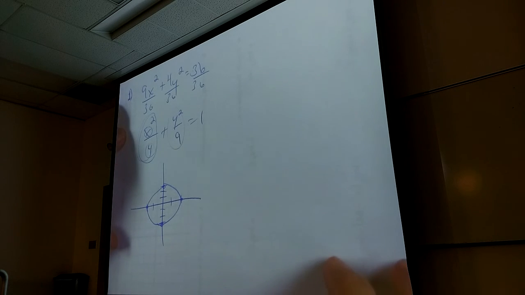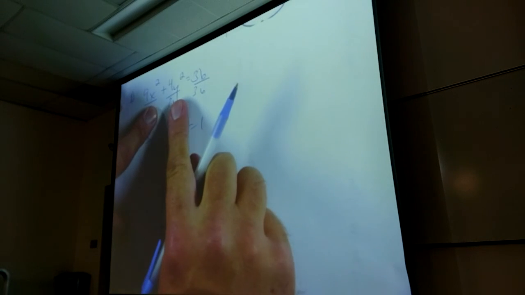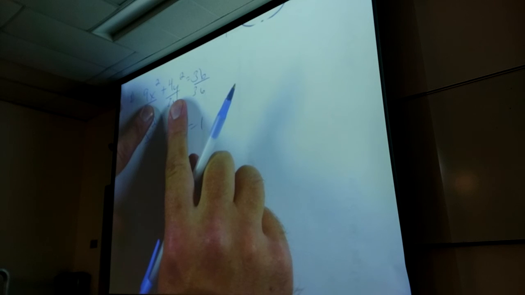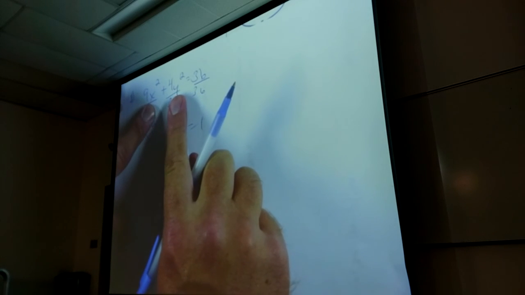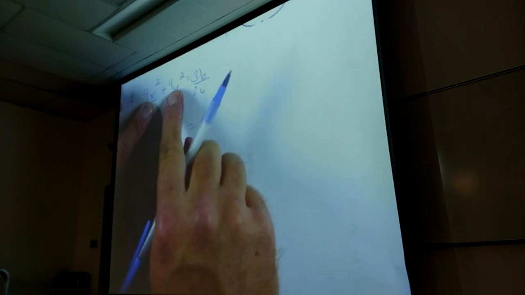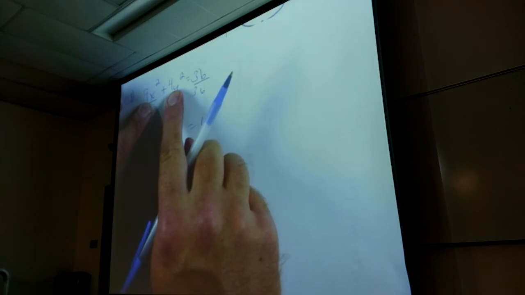So if I wanted to change one thing to make this equation a circle, what would I change? Just change one thing. What would make this a circle? Why is this not a circle? Circles require squares, for sure.